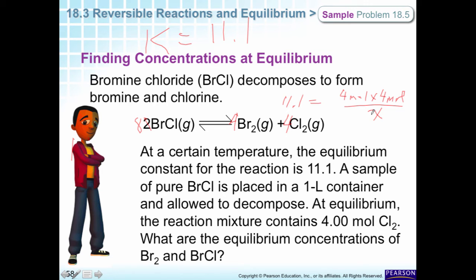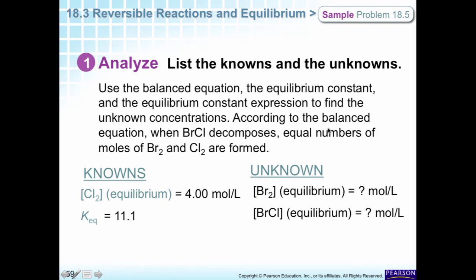Okay, so theoretically, by that, we would have that as our idea. We can't just substitute it in, but we would know that there'd have to be the same amount of these two things because it came from that. Okay? So let's look at it. We have 4 moles. We say we don't know Br2, but we can look at that.